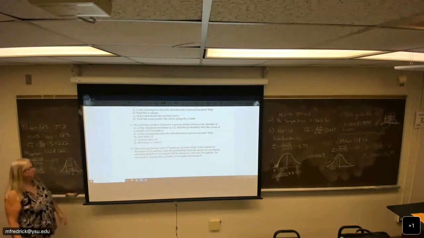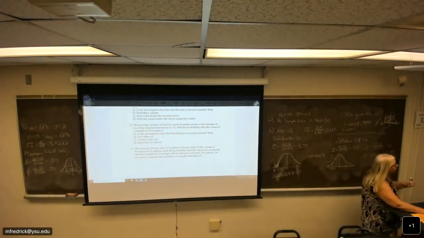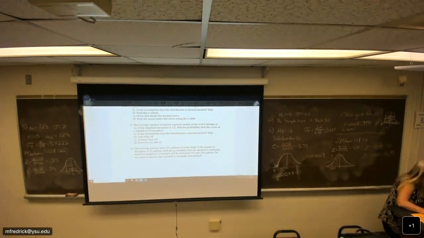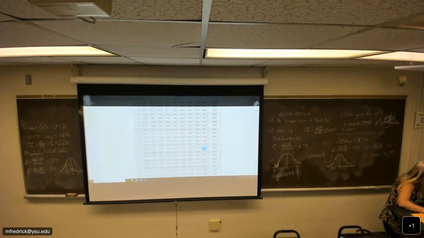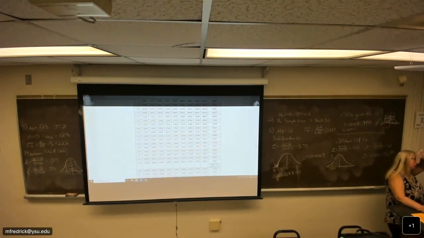Oh, the table. Negative 0.55. 0, 1, 2, 3, 4, 5. So this would be 0.55, the negative one.